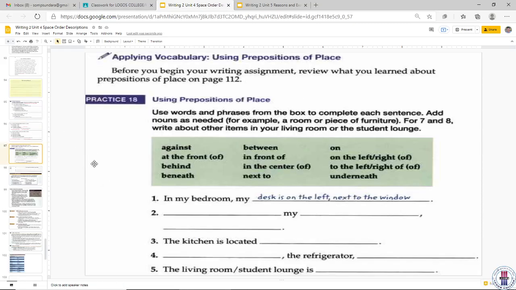All right. The last exercise, this again is they want you to know what are prepositional phrases of place. Just remember that they tell the location and they answer the question where. Where is something?